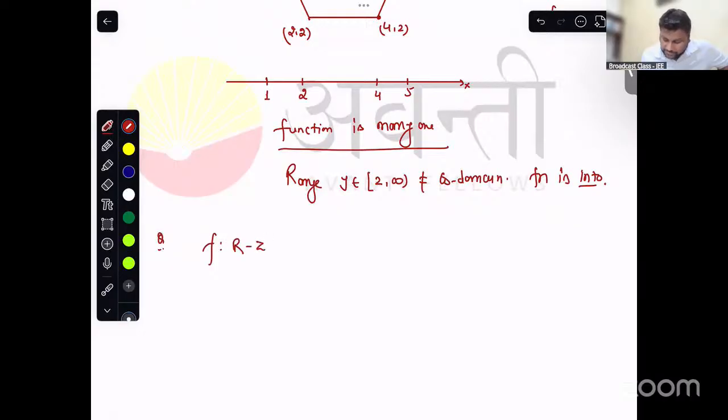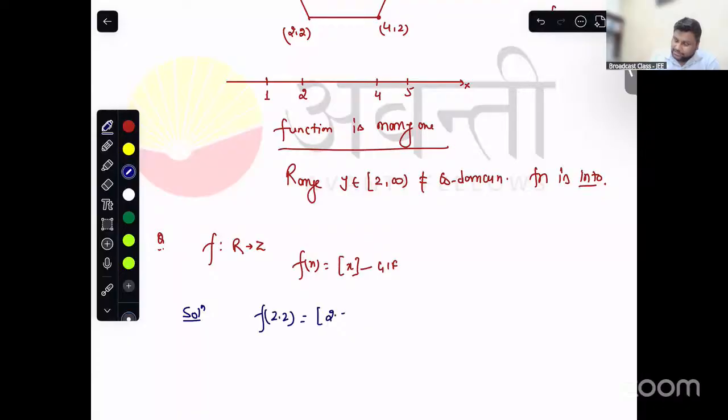f from R to Z, f(x) equals greatest integer x. This is greatest integer function. Okay, tell me, is it one-one or many-one or onto or into? Quickly. If you realize, f of 2.2 is what?